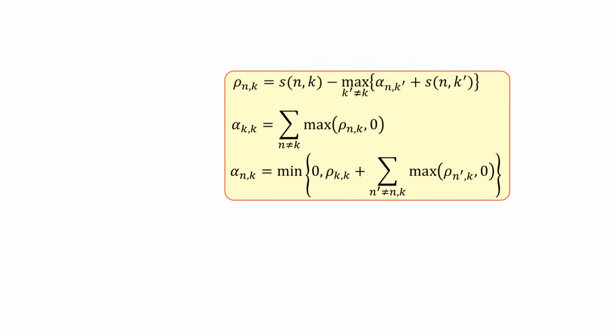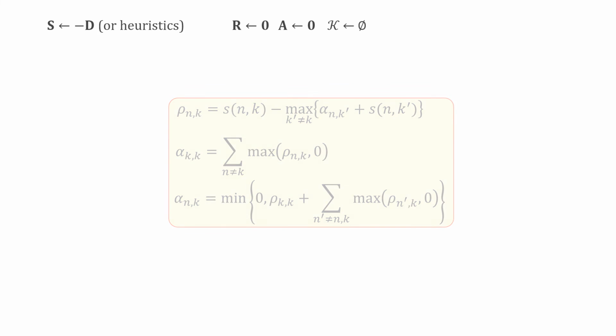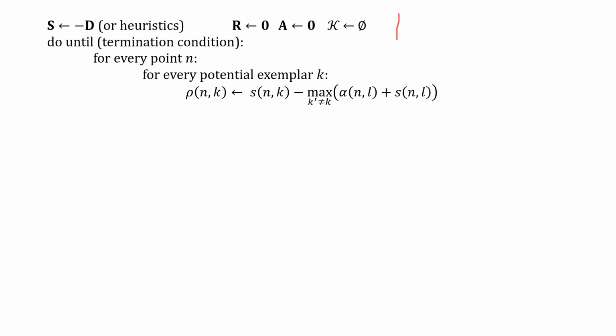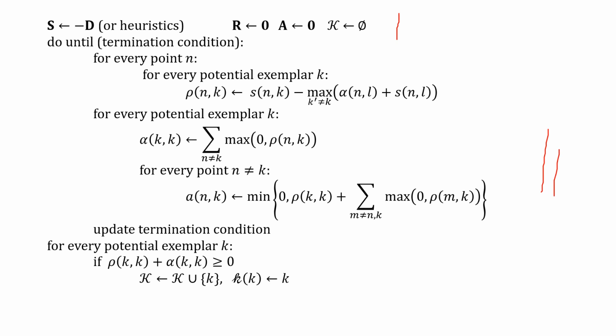So these are the update rules for affinity propagation clustering. So this is the affinity propagation clustering initialization, and then we do this for every point n, and then for every exemplar k, we carry out these operations simultaneously, and then after the termination condition is satisfied, we pick out the exemplars.